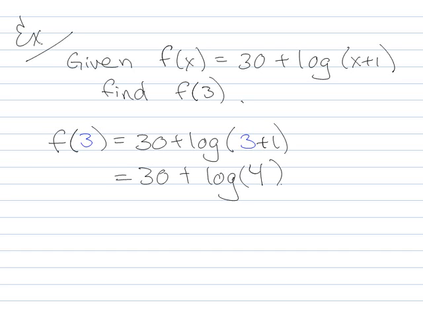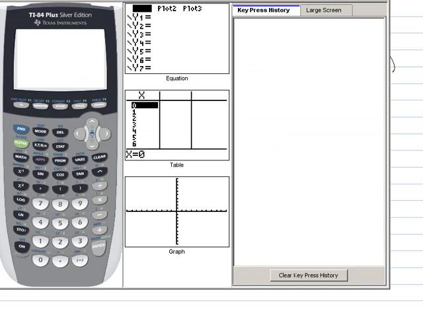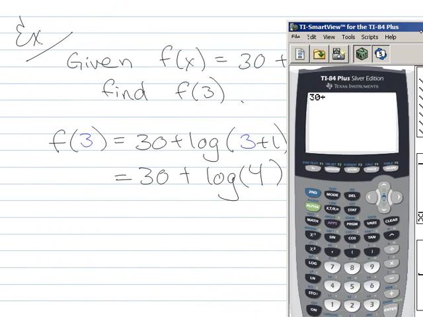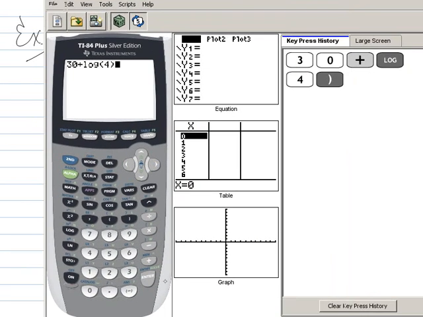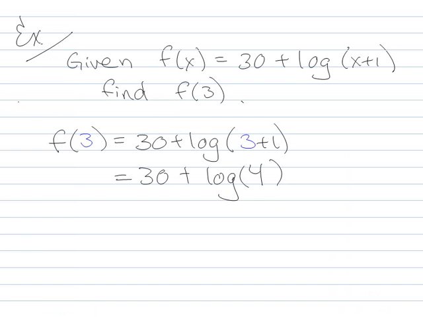And I can plug that directly into my calculator. In my calculator I can say, now I'm going to find 30 plus log, and that's my log button. Again, since the base isn't given, the log is automatically 10. So on your calculator, if the base isn't given, it's automatically 10. Log of 4 is 0.602, so 30.602. That's about as exciting as you can get with log base 10.